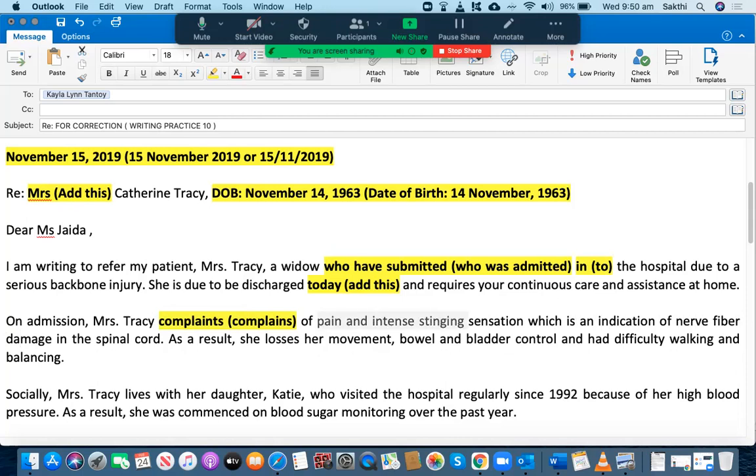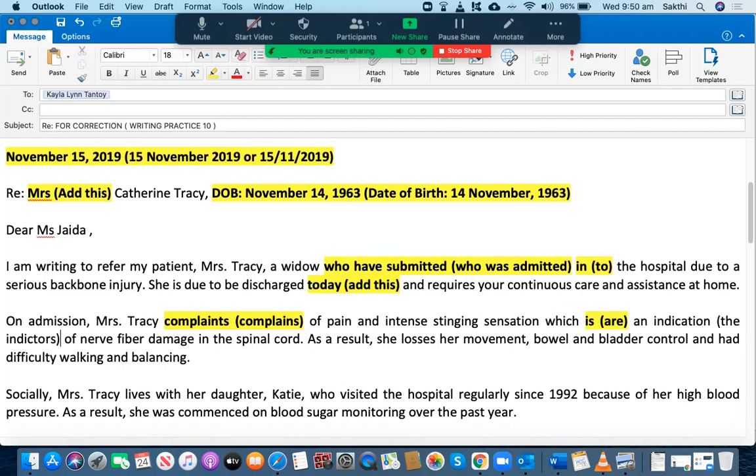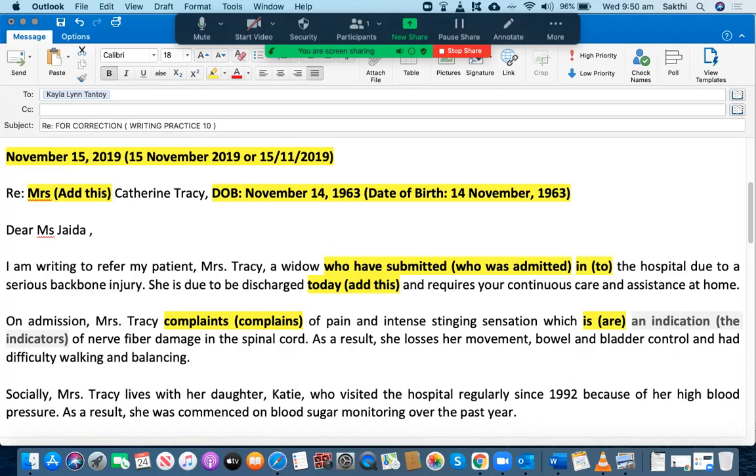If these two things are associated with the severe fiber damage in the spinal cord, you should have used "which are," and then instead of using "an indication," you should have used "which are the indicators of," or you can use "which are the symptoms of nerve fiber damage in the spinal cord."